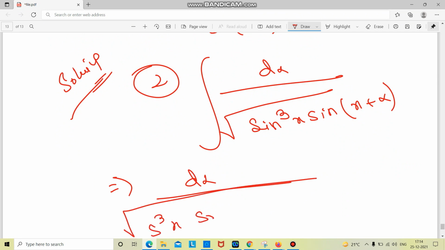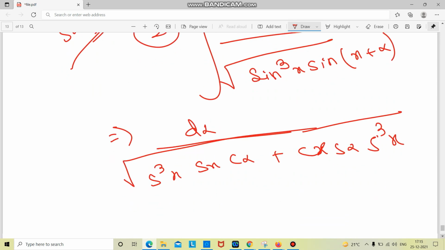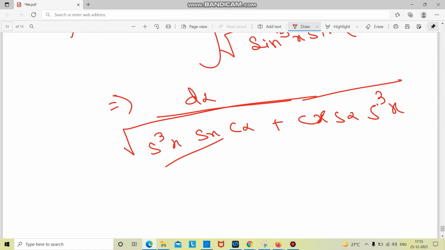In this question, firstly, we will expand the term sin cube x, sin x cos alpha plus cos x sin alpha, whole cube. We will take sin to the power 4 as common, and it will come out to be sin to the power minus 2 x.